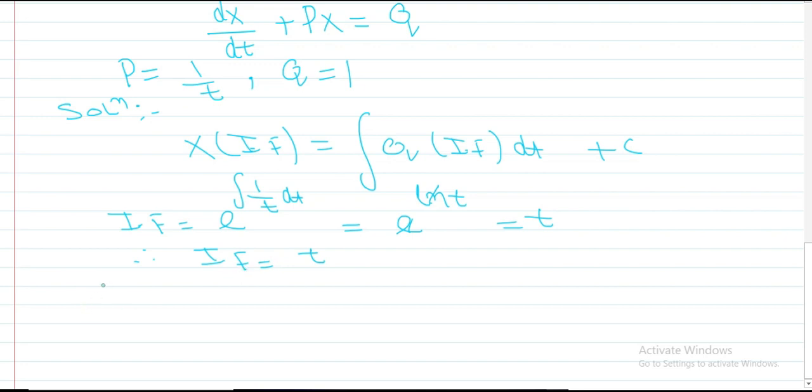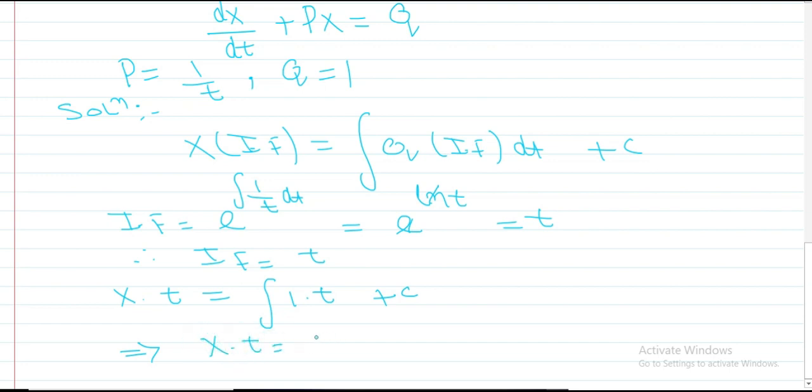Therefore the solution is like this: x into integrating factor, that is t, equal to integral of q. What's q? That is 1. What is the integrating factor? That's t, plus c, which implies x into t equal to, what is the integration of t?